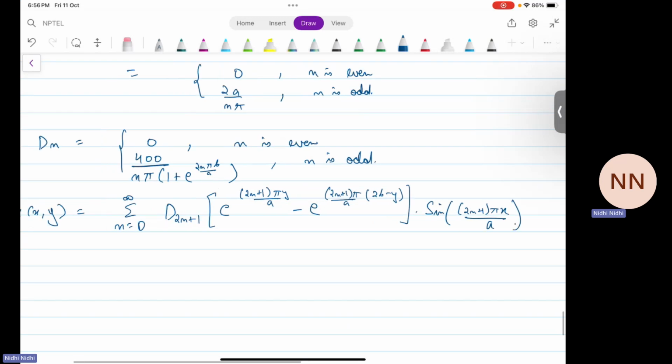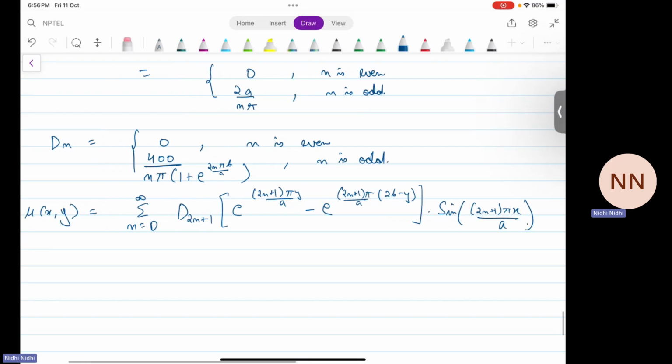So basically we are just taking the odd terms because we know that dn is 0 for all even n.